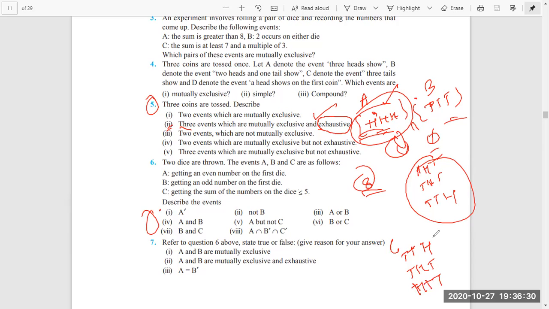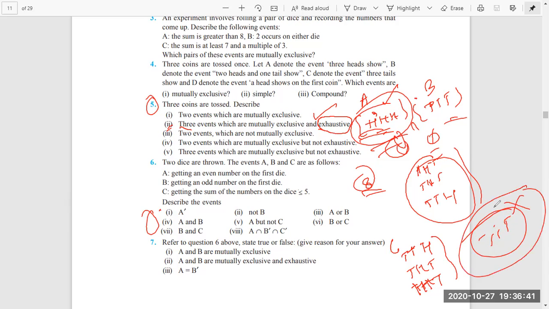I think it's three, and seven. I mean, tail, tail, tail is excluded from this. Okay, that is not exhaustive, because this case is missing from this.